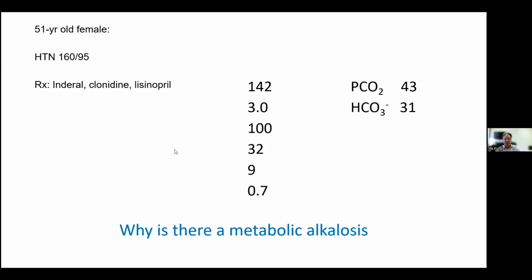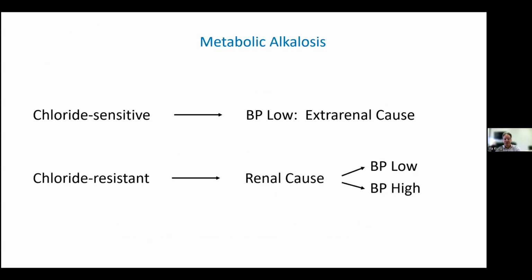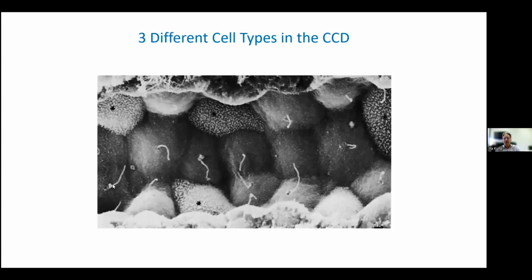So again, we have a metabolic alkalosis here. In fact, we talked about that as our clue that this must be a renal cause, along with the hypertension. Well, let's go back to the cortical collecting duct. Maybe we'll find some clues.